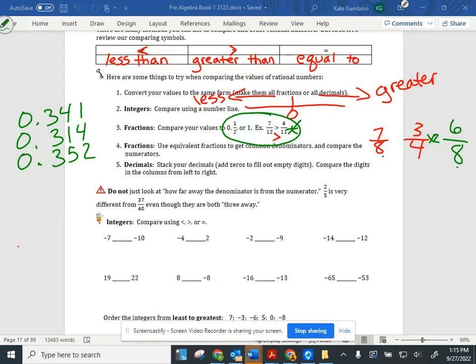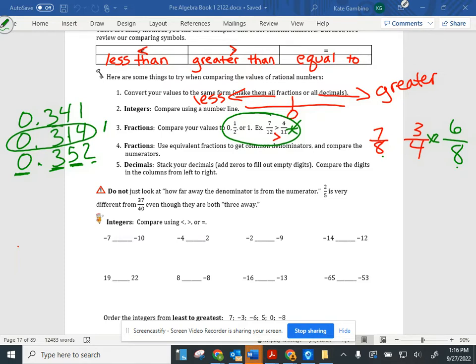And then we're going to start looking at our place values. These are all zeros in the ones place. So now I'm going to look at my tenths place. They're all threes. So now I'm going to move over to my hundredths place. My smallest number here is a 1. So that is my least decimal, my smallest decimal.